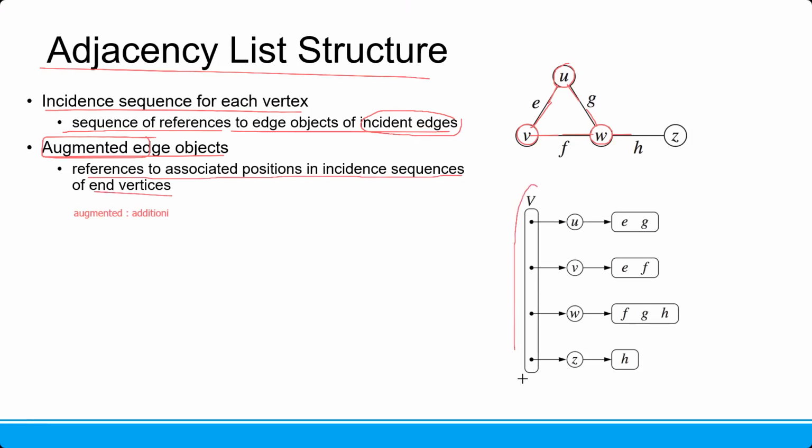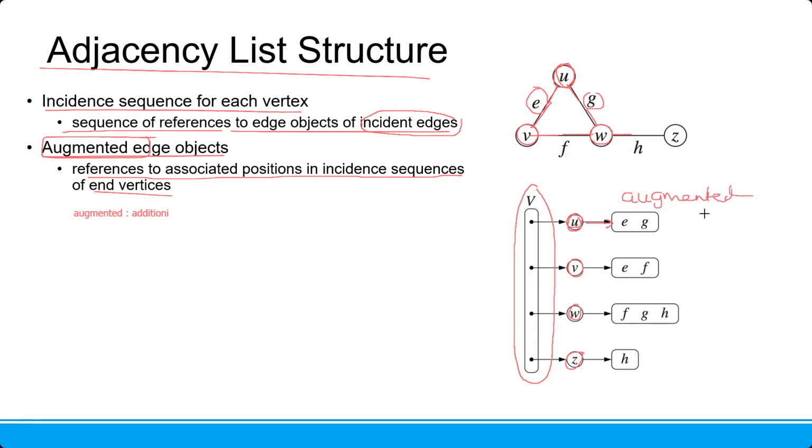If you see this one, we have V, a collection of vertices U, V, W, and Z. In the vertex U, we have E and G. In the vertex U, this is the augmented object.